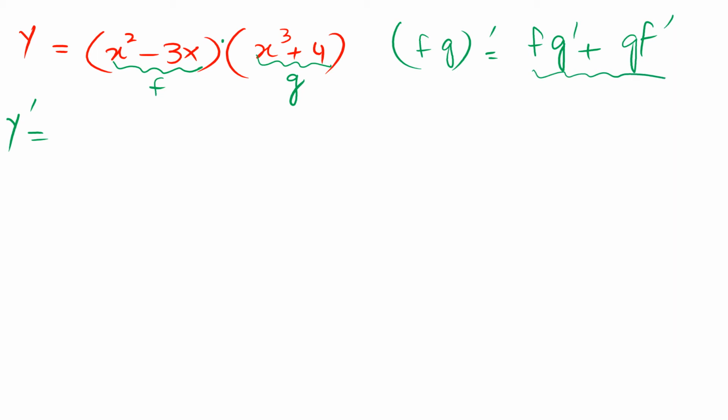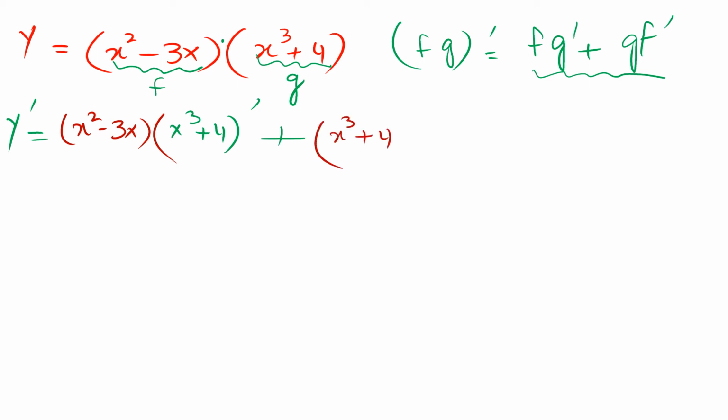So here f, you will write x squared minus 3x as it is. g prime means x cube plus 4 with whole prime. Then there is a plus, so you just write the plus as it is. g is your x cube plus 4, and f prime is x squared minus 3x with prime.